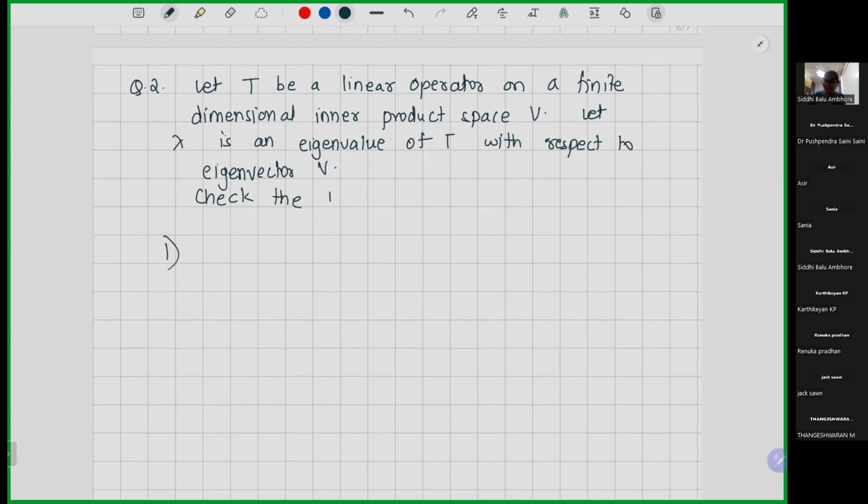Statements are coming, okay? This is the given setup for the question.